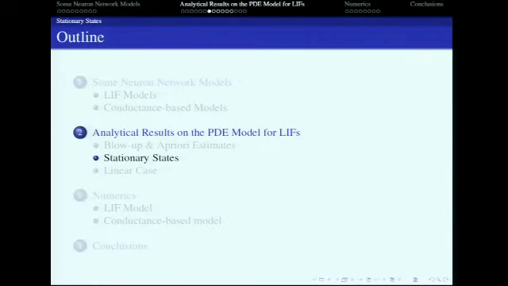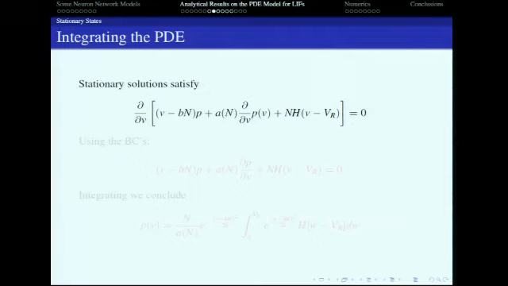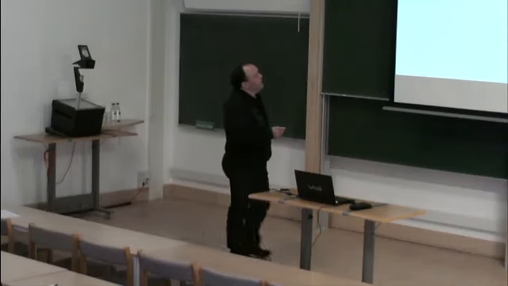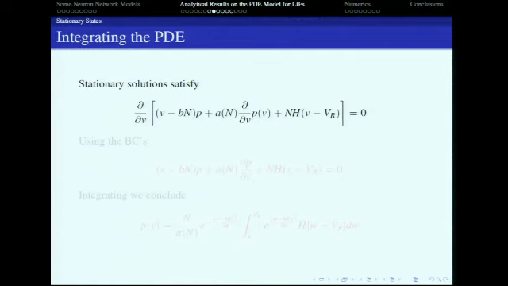Well, the next interesting question is, what about the stationary states? Stationary solutions should satisfy that equation. What I have done is formally include inside the flux the Dirac delta at the reset as the derivative of the Heaviside function.